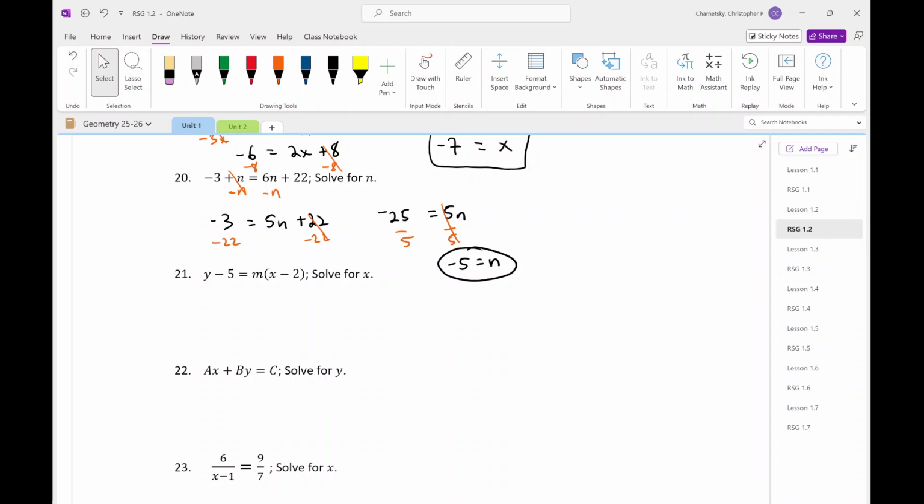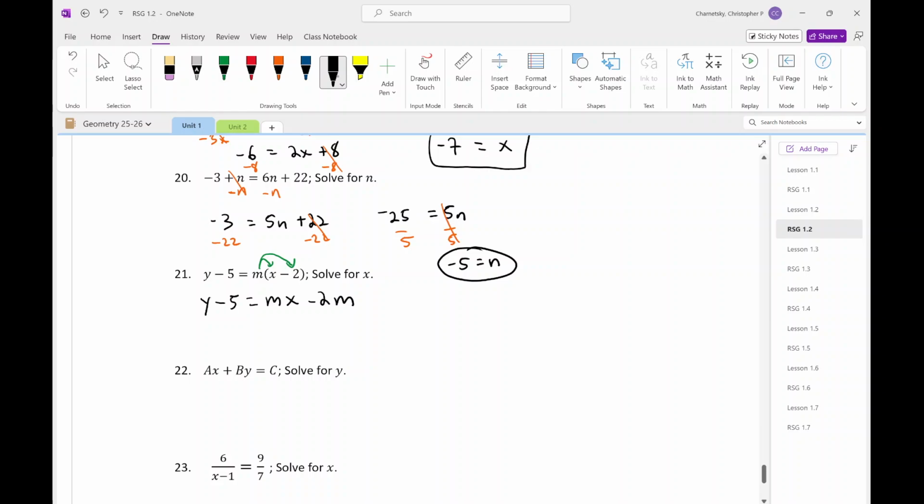So, first thing that I would do, well, we could distribute. Don't have to. There's another way we could do this, but I'm going to go ahead and distribute because we're used to that. So we get y minus 5 equals mx minus 2m.